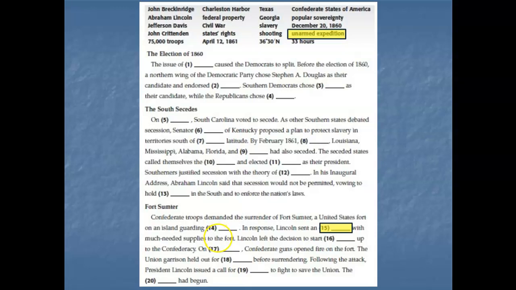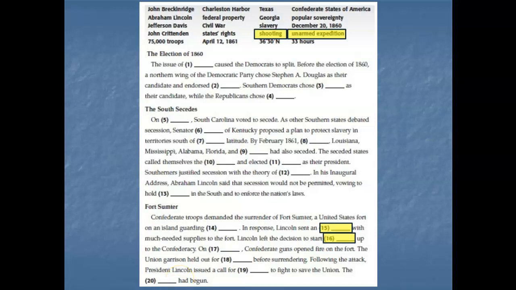And so what he was pretty much doing was, as he said, leaving the decision to start shooting up to the Confederates. He informed the governor of the state, I believe, and the mayor of the city of Charleston that he was sending an unarmed, basically humanitarian mission filled with just necessary supplies, and pretty much decided to let the Confederates decide if they were going to let the fort be resupplied, which they didn't, or not.